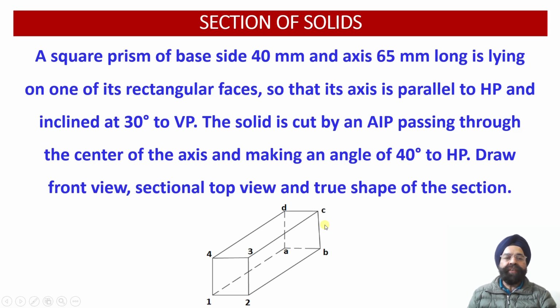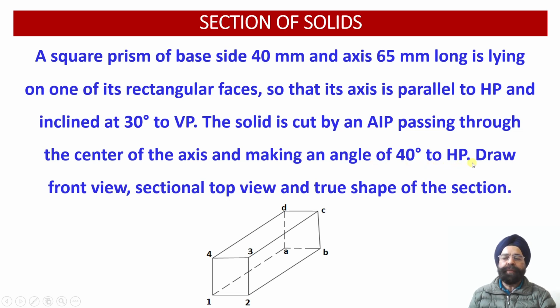Then whatever front view orthographic projections we are going to obtain, in those projections we have to use this condition, that is the solid has been cut by an auxiliary inclined plane passing through the midpoint of the axis in the front view projections such that this AIP happens to be inclined with respect to the horizontal plane at an angle of 40 degree over here.